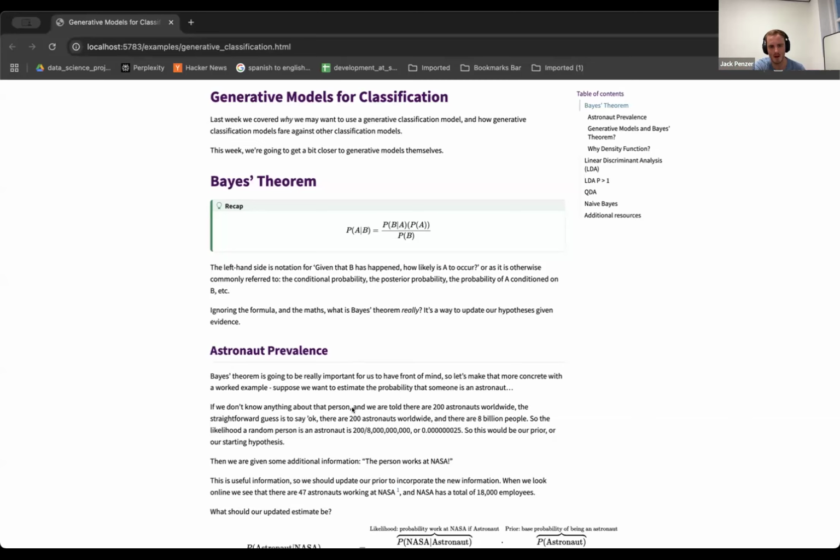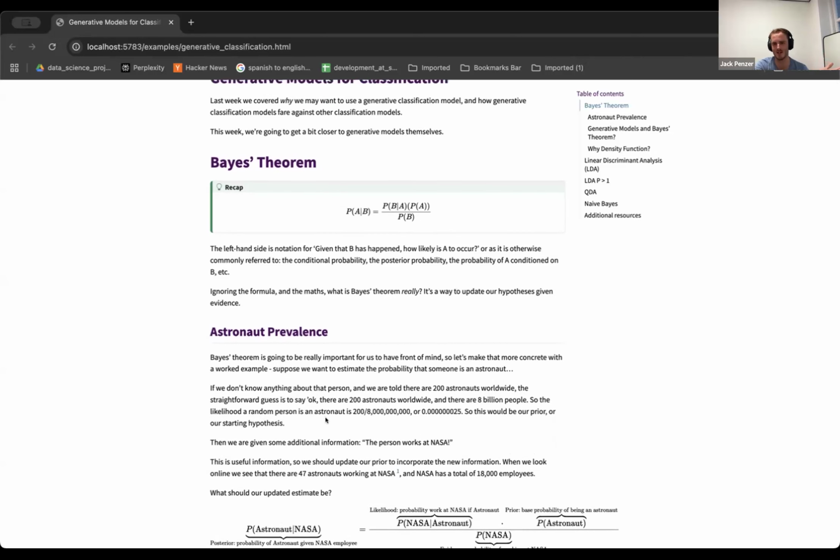And I wanted to work through an example because we're going to be using this. We're going to be taking this theorem and applying it to a bunch of models. I think it will be helpful to have a worked example in mind. So something that made sense to me was, if someone just came along and asked me to guess whether a certain person was an astronaut, and I didn't get any other information, the obvious thing to do is just try to figure out, okay, how many astronauts are there in the world?